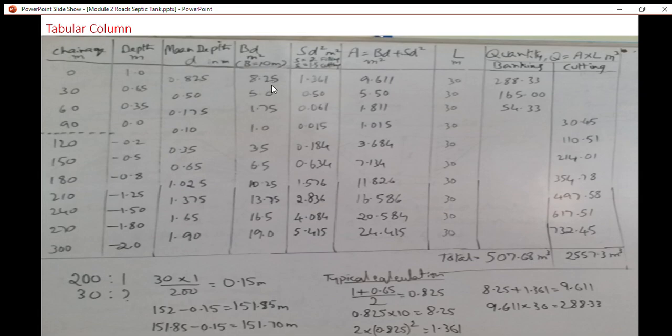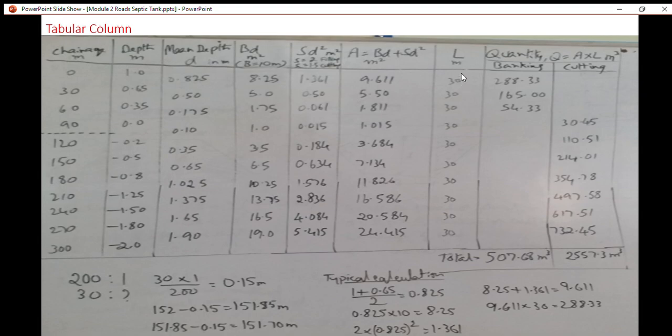In the fifth column, area of side triangles is calculated, given by S D square, where S is equal to 2 for banking and 1.5 for cutting. D is equal to mean depth taken from the third column. In the sixth column, area is equal to the sum of the values in the fourth and fifth columns. In the seventh column, it is the peg interval, L equal to 30 meter.